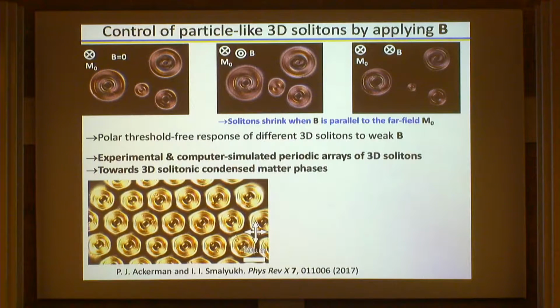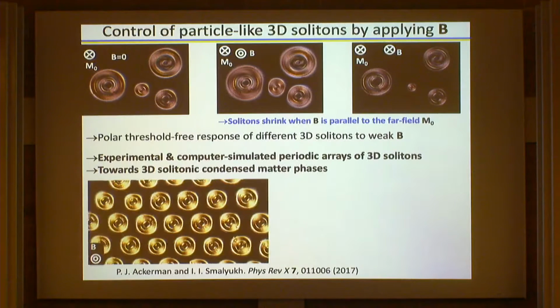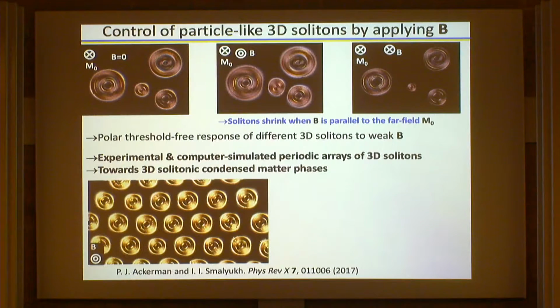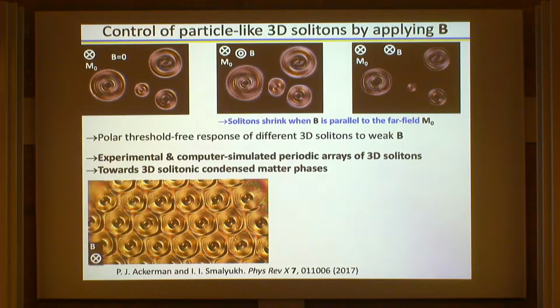And now under other conditions, we can also have these structures assembling into two-dimensional crystals, as you can see in here, hexagonal lattices. And again, for the entire lattice, as we apply the field in one direction, they shrink, in the other direction, they expand.